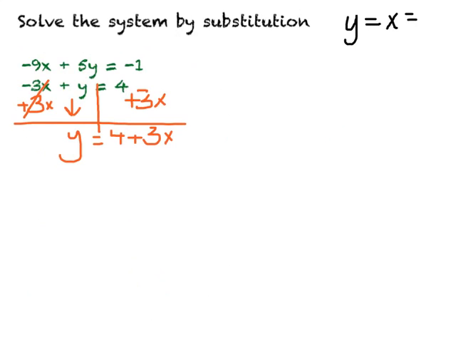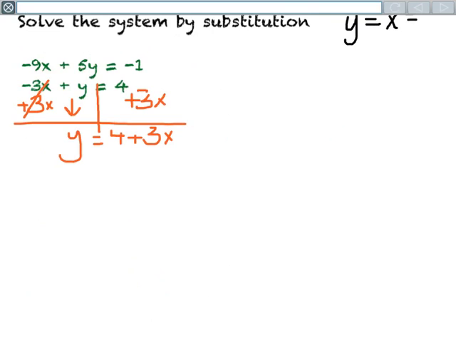And I am going to take that, y equals 4 plus 3x, and substitute that in for y in the equation that I didn't manipulate. I didn't touch the first equation, so that's the one I'm going to plug it into. So be careful. Make sure you're plugging it into the opposite equation from the one you messed with, make sure you're plugging it into the right variable, and make sure you're copying it correctly too.